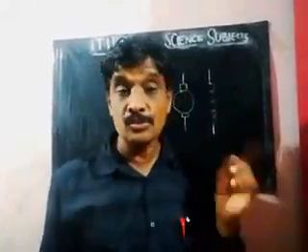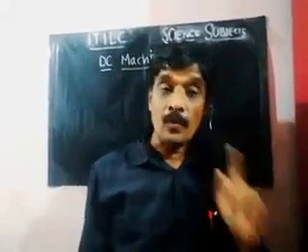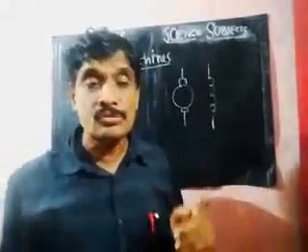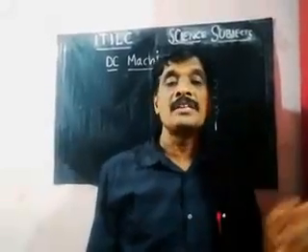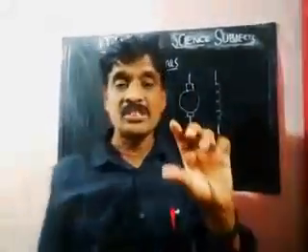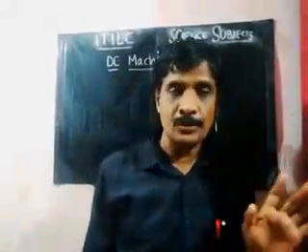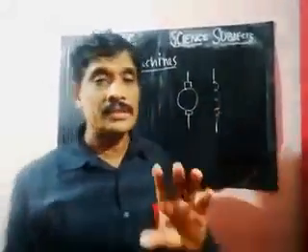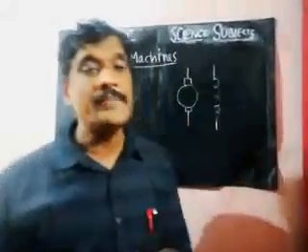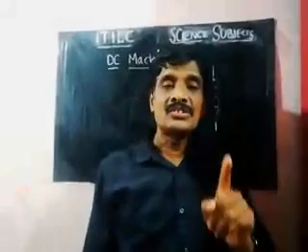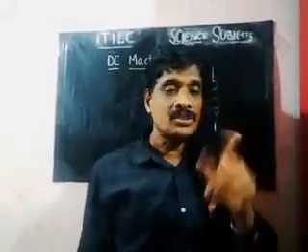If the source is able to provide that 20,000 joule of heat, the armature conductor will immediately get short circuited. So in practice it is not possible to operate it like that. That's why we have to give some assistance to start the motor.